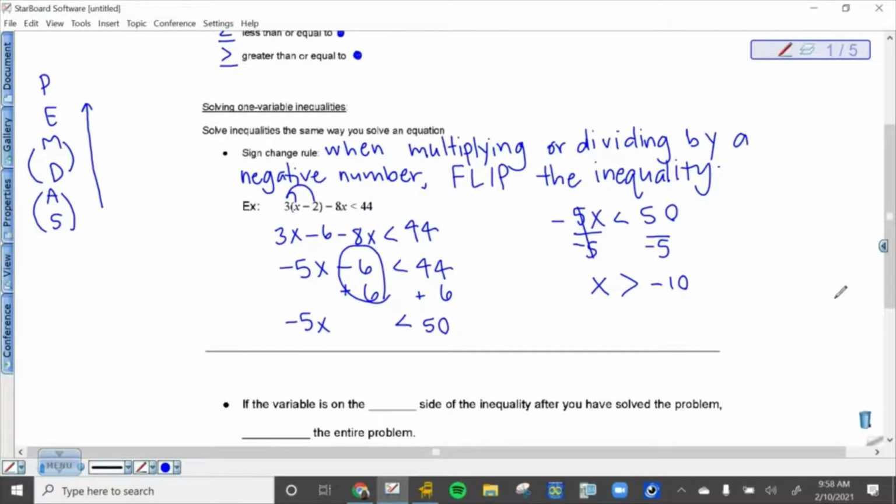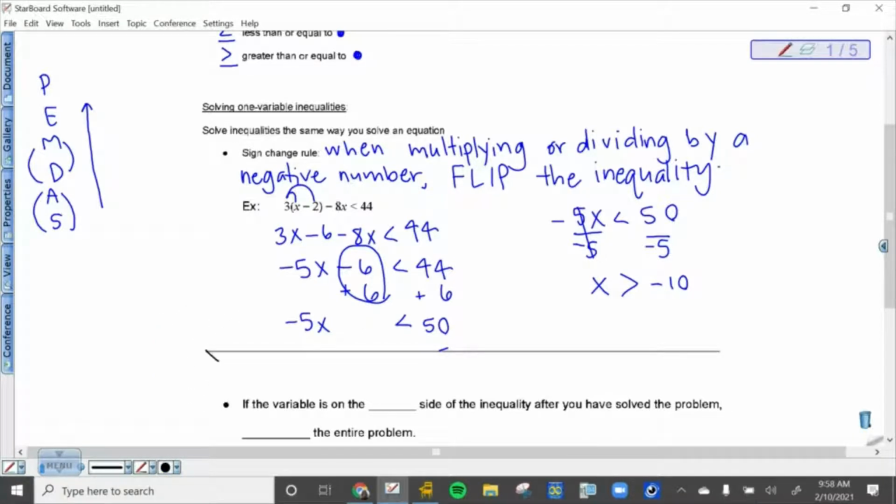A helpful way to remember which direction this is going to go on the number line is, as long as the variable comes first, as long as the variable is on the left-hand side, the line on the number line is going to go in the same direction as the inequality. So let's do this.